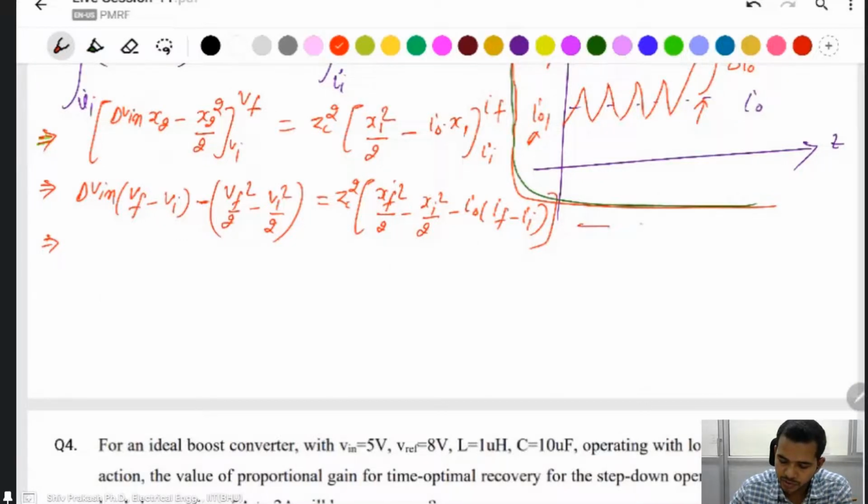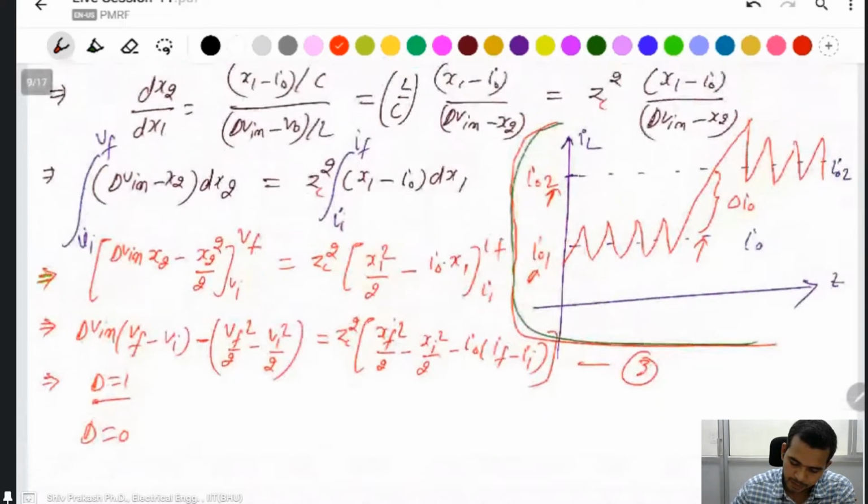We will take this as question number 3. After this, you use two things. D is equal to 1 for the on trajectory and D equal to 0 for the off trajectory. When the duty ratio is 1, it means high.